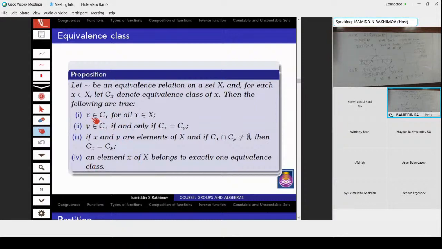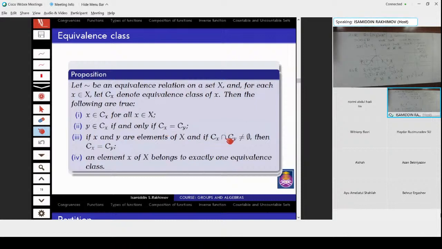Each element has its own equivalence class. For any x, you have its equivalence class to which x belongs. If some element is in the equivalence class of some element x, then the equivalence classes of the two elements are the same.